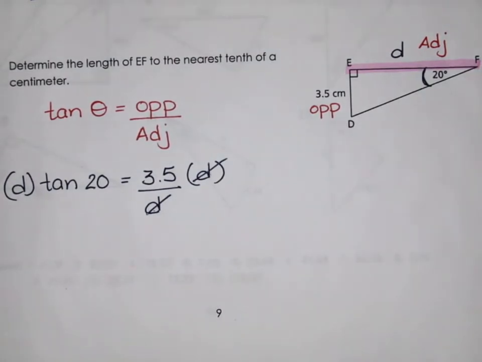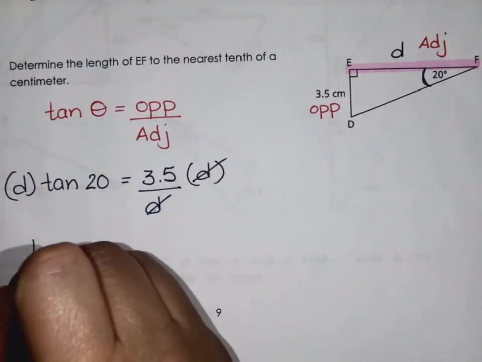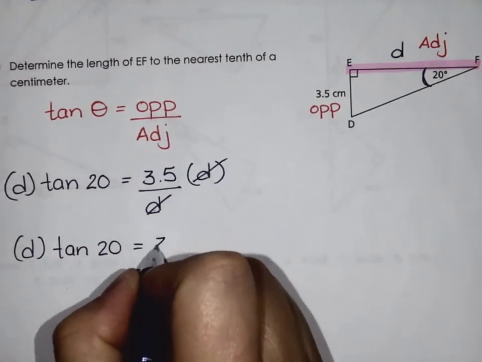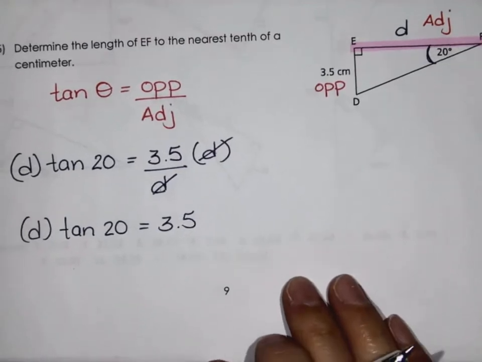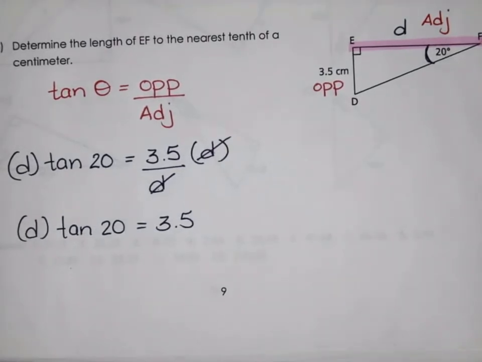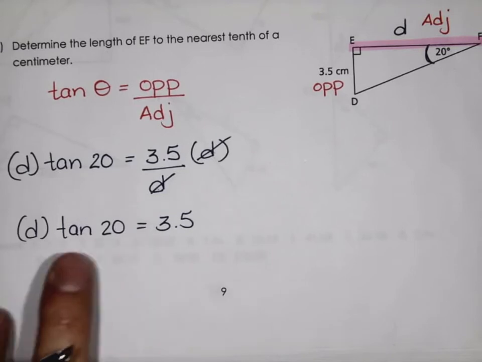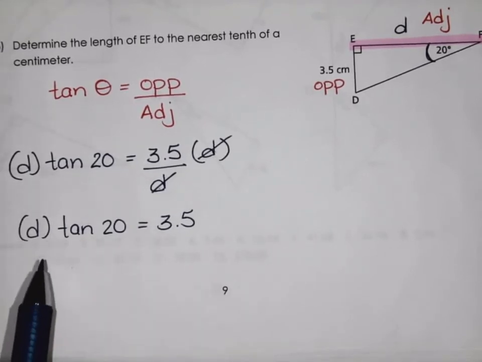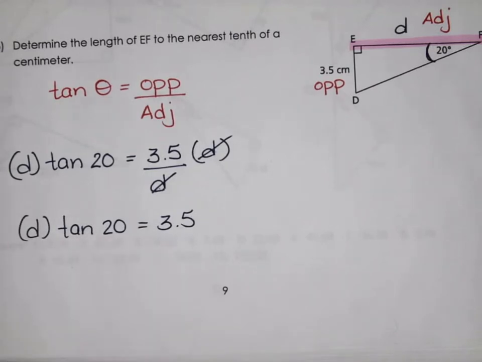Okay. So now I have D times tan of 20 equals 3.5. So now I want to get D by itself. So I got to get rid of the tan 20, right? So what operation is between this and the tan 20? It's multiply, so what's the opposite to multiply?